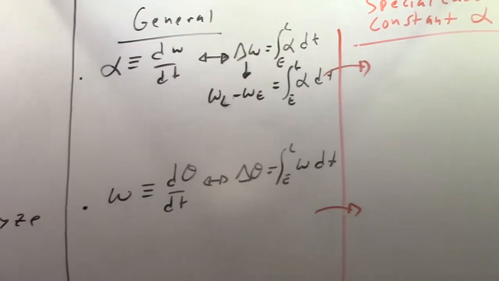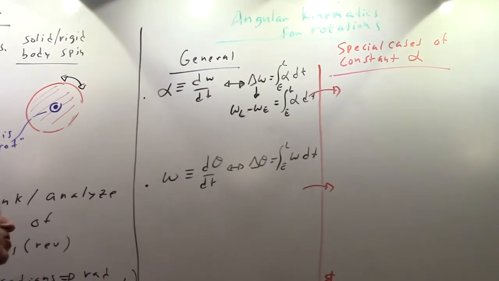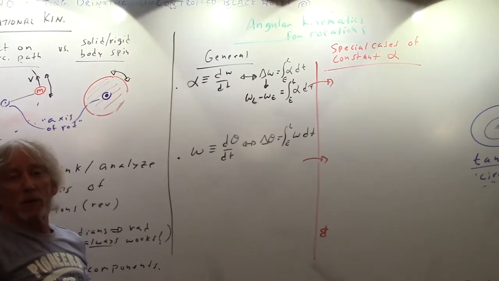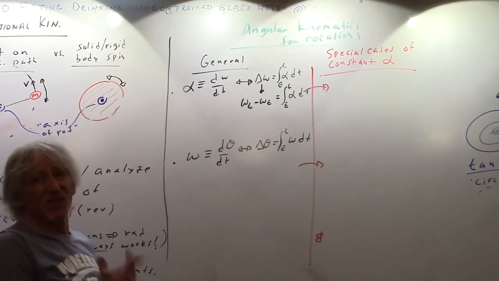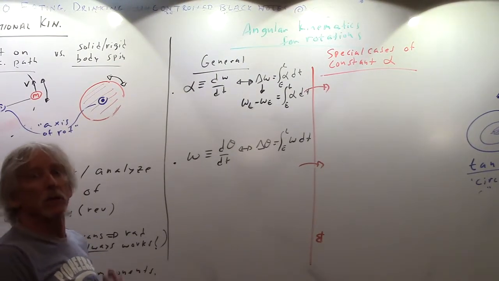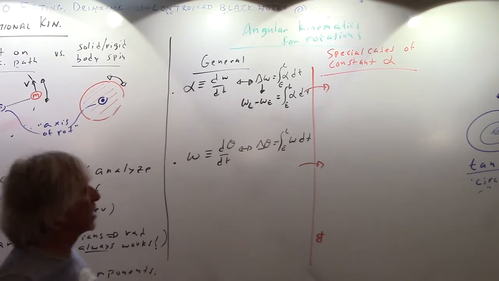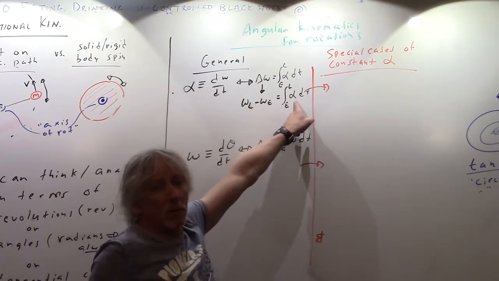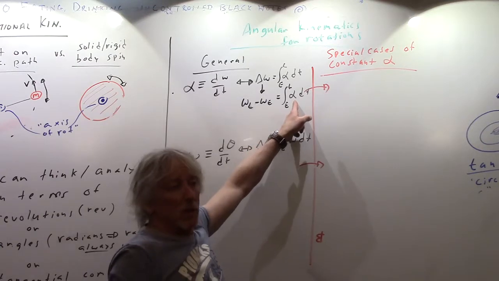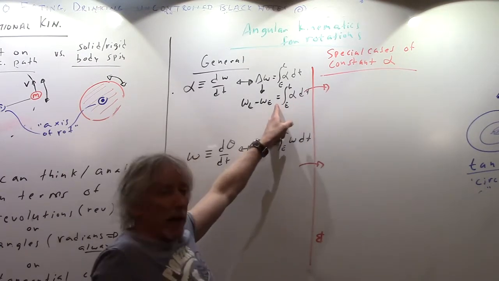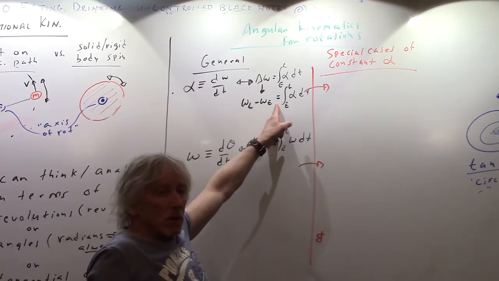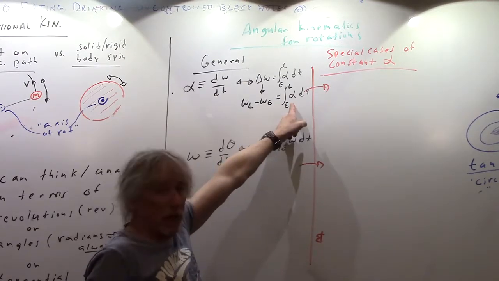I can give you any crazy function of time just to do it, or maybe there's a function that actually describes something useful. So sometimes it's just an exercise, and sometimes it actually is a real application. But if there's a function of time, you can do the integral, as messy as you want. If it's constant, we get to pull it out. So that's a special case. Otherwise, we've got to put it in there.